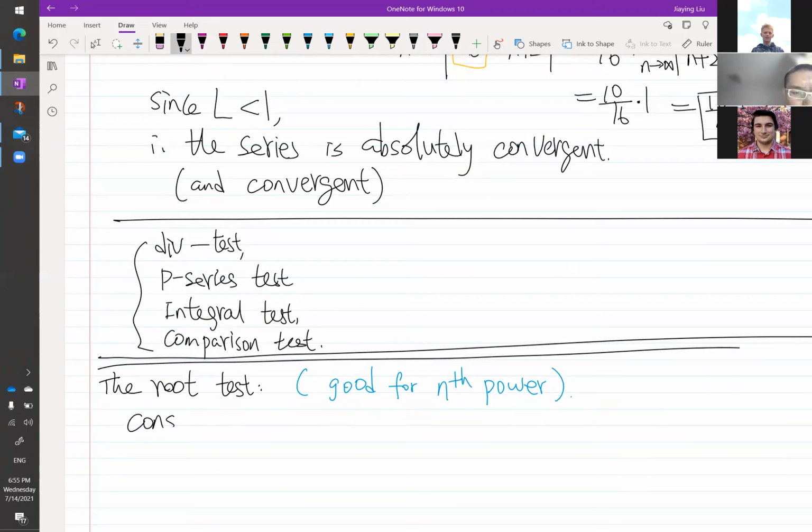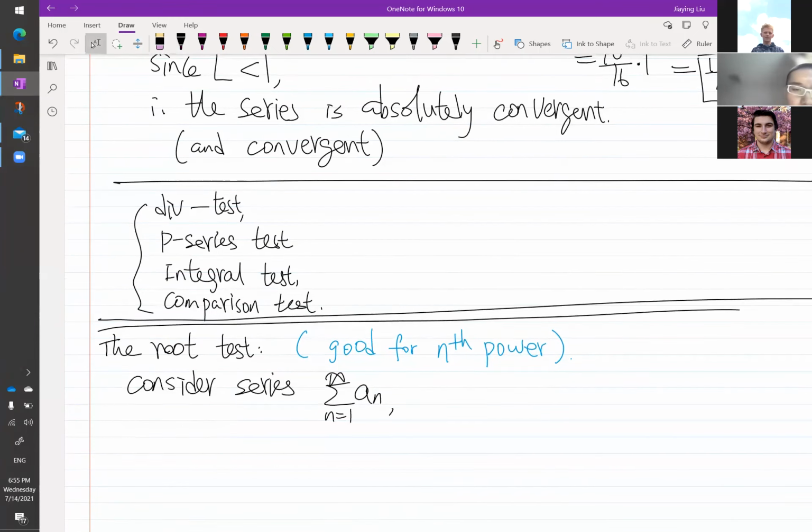Consider the series a_n for n going from 1 to infinity. And this time, we don't need 2 terms. We just take the a_n term. And we're going to define L as the limit as n goes to infinity of the nth root of the absolute value of a_n.